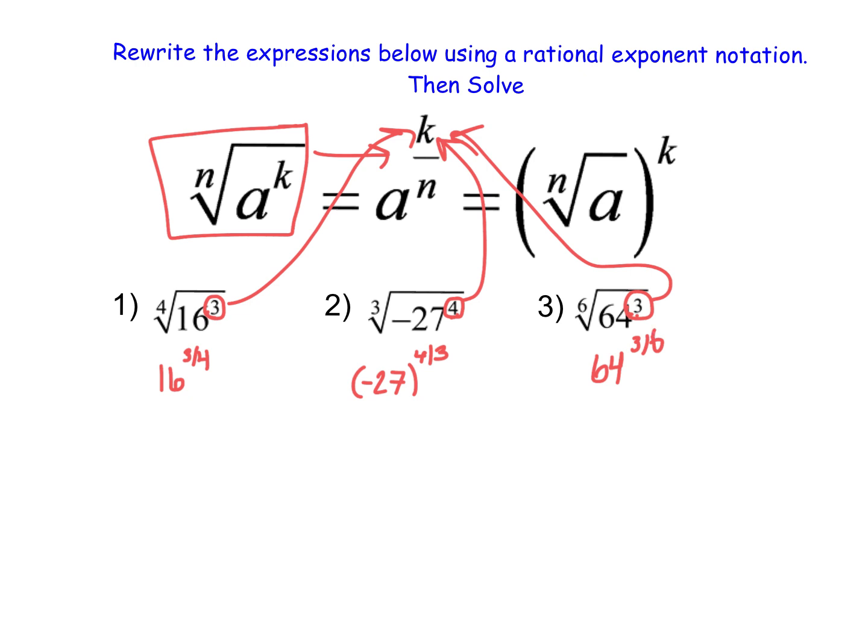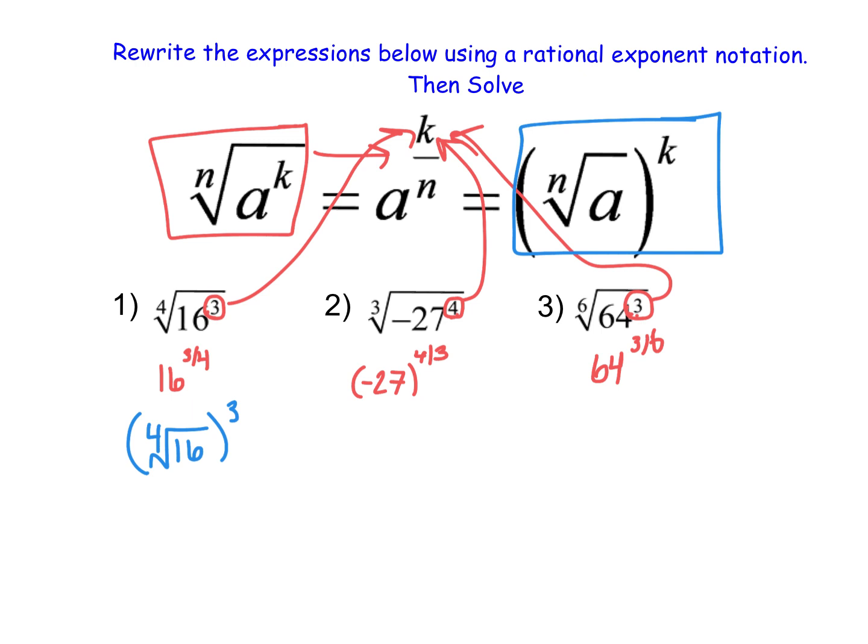Now what we can do is strategically rewrite this, because I'd rather solve the root first, since I know that these numbers all work nicely with roots. So we can leave them like this, but we're going to rewrite them in this way. Notice that all I'm going to do is create my 4th root of 16, and move that 3 to the outside.